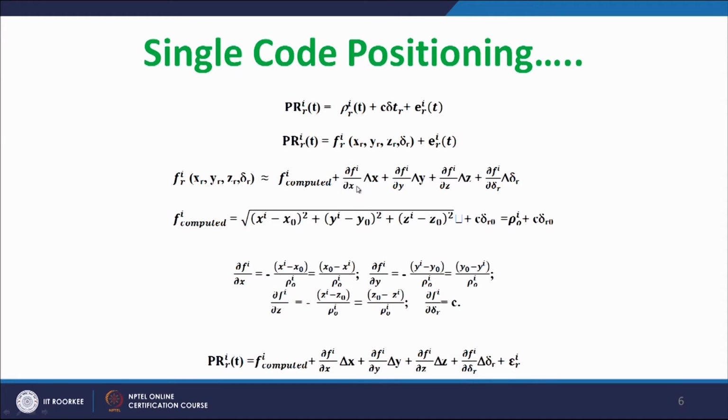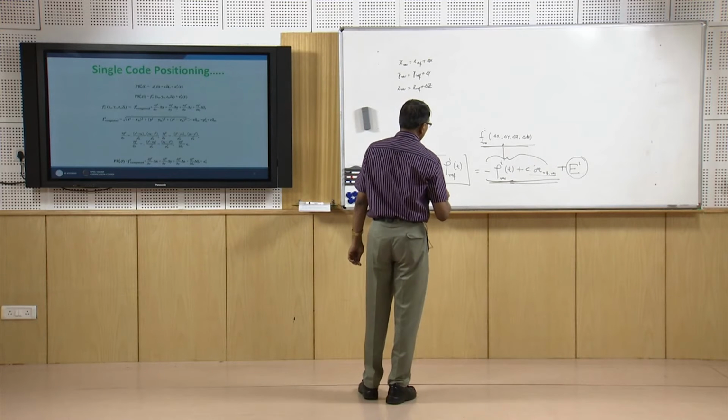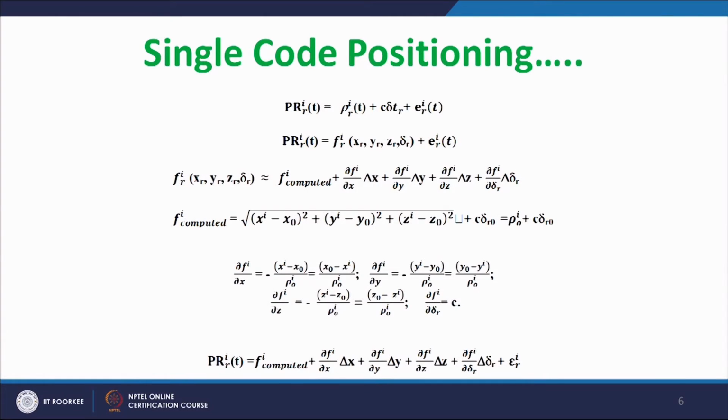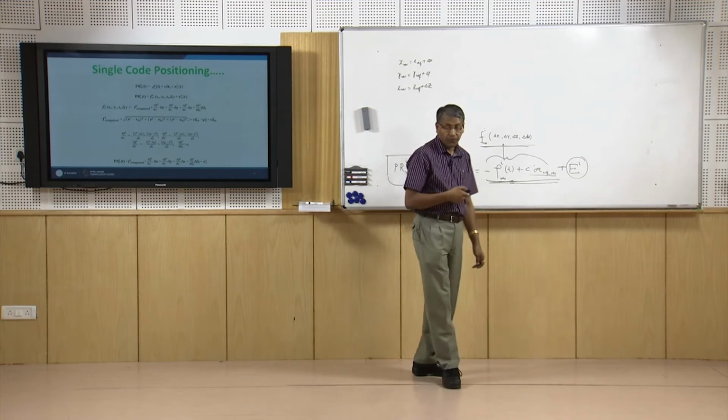Here we get a similar relation. But it is non-linear, because our function is a square root.